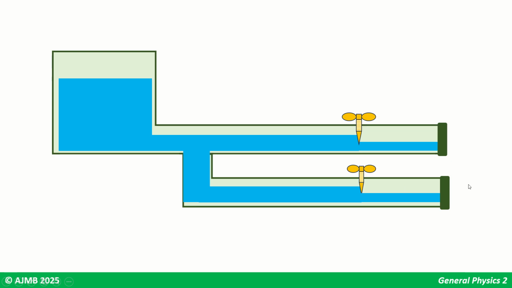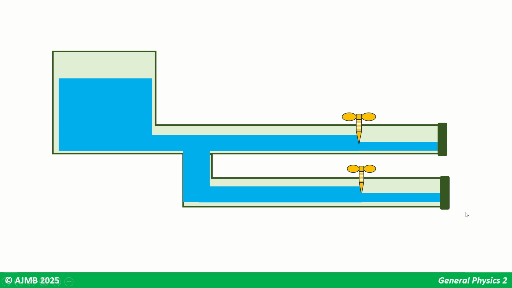But if we place them in parallel like this, because there are two pathways now, although there are still two water valves, we end up with more water that is able to get out of the pipes, right?